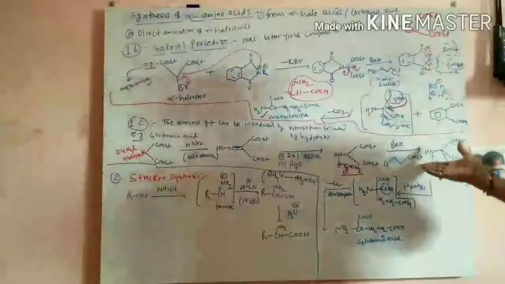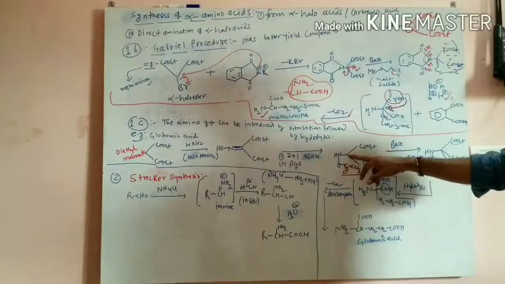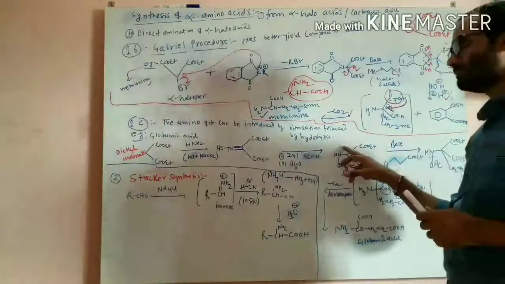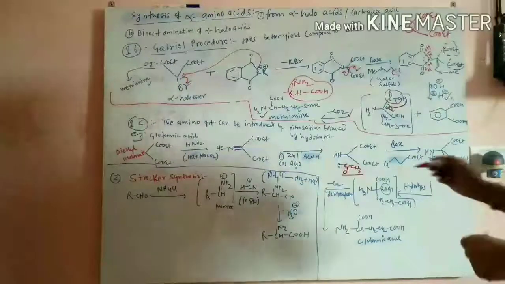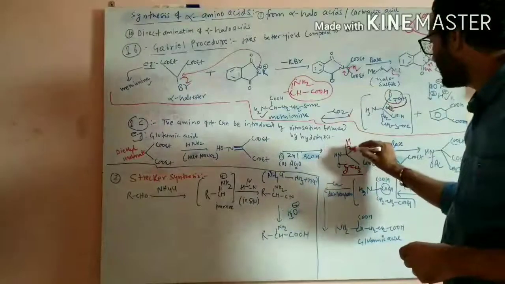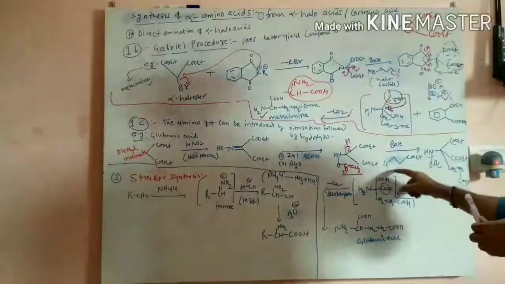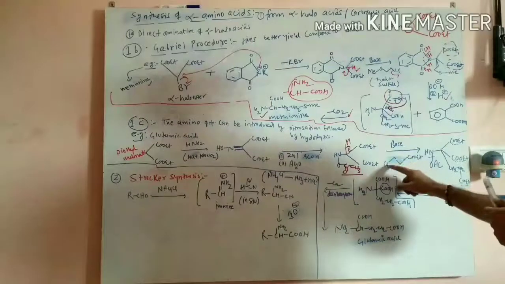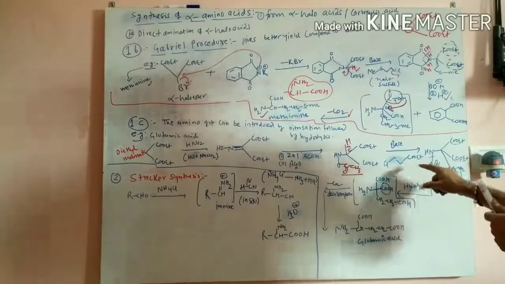Then the same procedure, same step. This is an active hydrogen group. With this nitrogen base, we have a negative charge here, because the proton will be extracted by the base. So this is a negative charge, and again this is RX. Why have we taken CO2Et here? We have taken it because we need a COOH group over here.